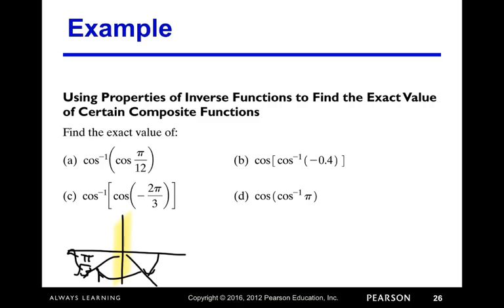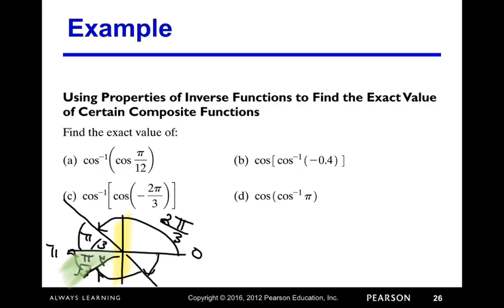Now, this angle here, from looking at this reference angle, is going to have a negative cosine. So I'm going to have to really find this angle. This pi over 3, that's the one that's going to have a negative cosine, which if I draw it from the positive x-axis, is going to be 2 pi over 3.